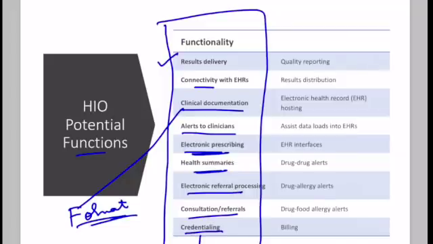Then at the end, quality reporting: how specific measures are taken at certain hospitals, how patient safety and quality are monitored in a certain setup, and distribution of these results.